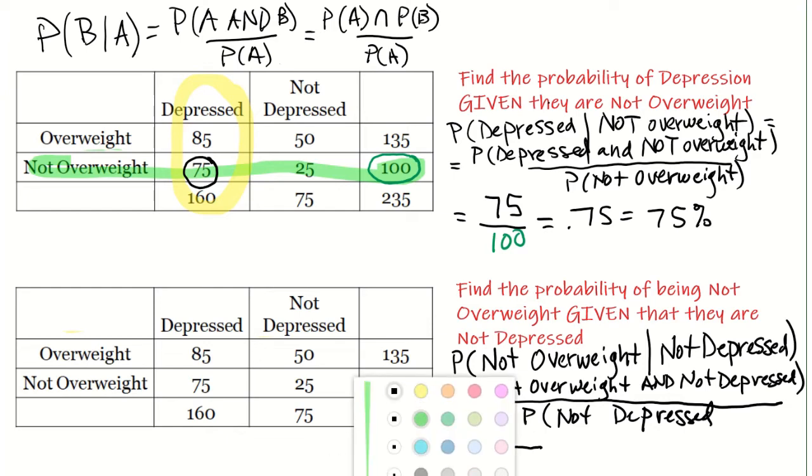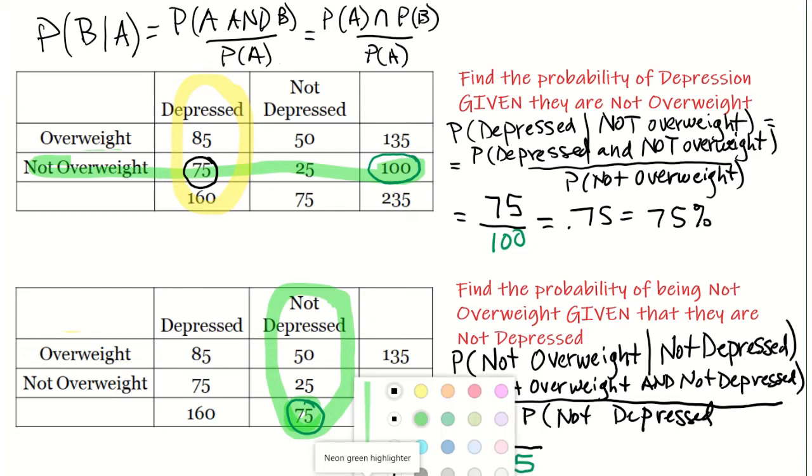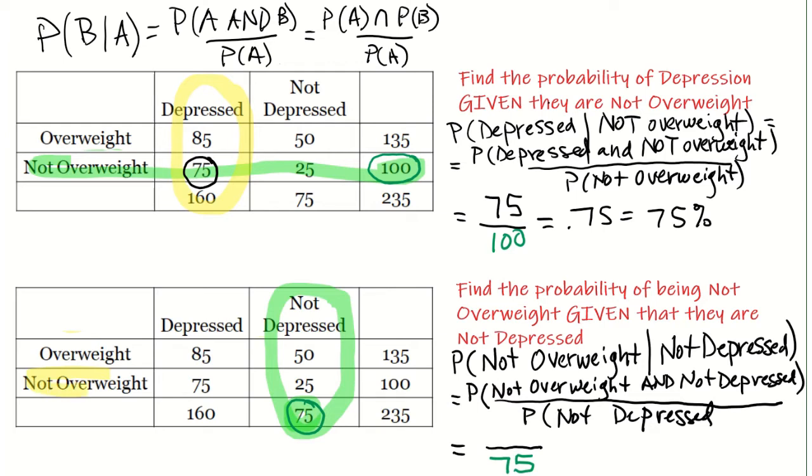So once again, I'm going to do the denominator first, and I'm going to look for all of the people who have identified as not being depressed. And so the total number of participants that said they weren't depressed is going to be 75. Then I'm going to find the number of participants that identified as being not overweight, and I'm going to be looking for the intersection of where the not depressed and not overweight meet.